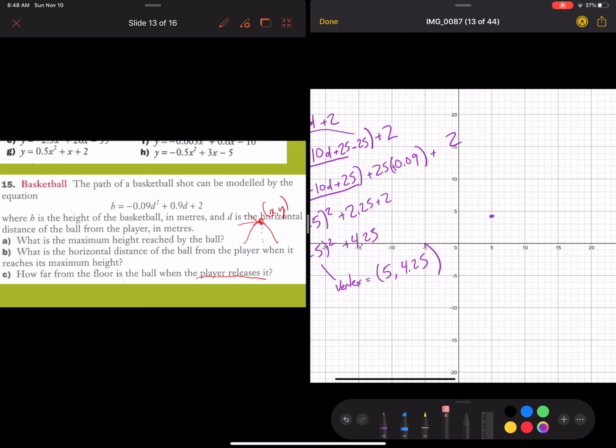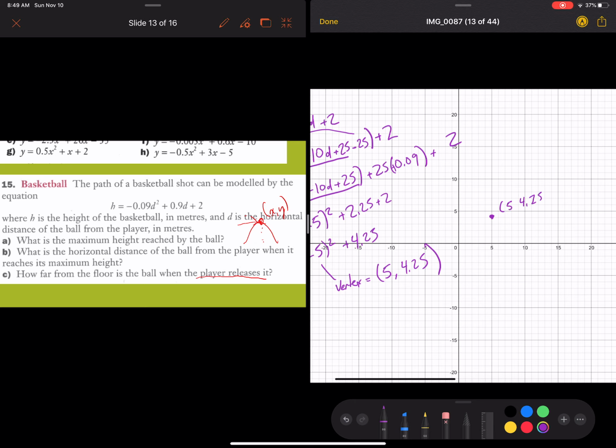That is going to be the maximum height of the ball. I'm not sure where it's going to go yet, but I'm not going to draw it yet. I know the maximum height is 4.25.